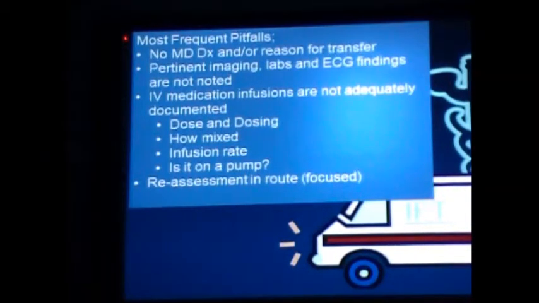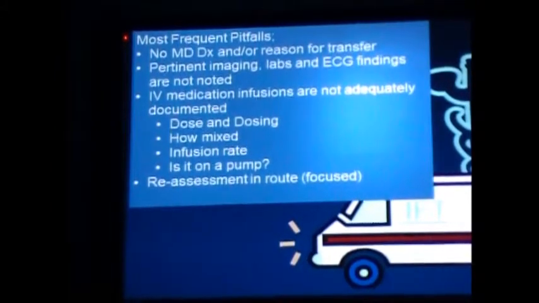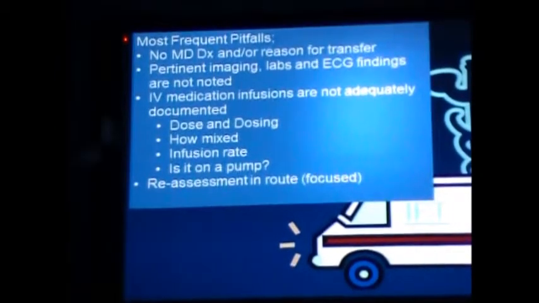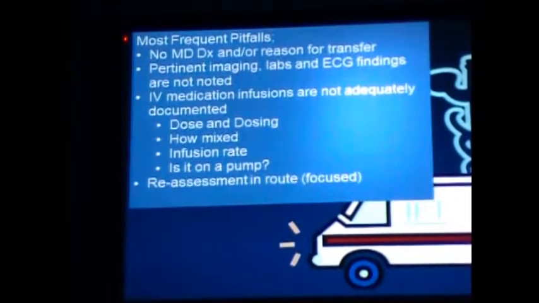So you probably have a standard that it will be on a pump. Some systems would have a nurse in the back of your ambulance to deal with the pump and these drips, or you call CareFlight, whatever, and put a nurse on board that has the pumps that can watch this.